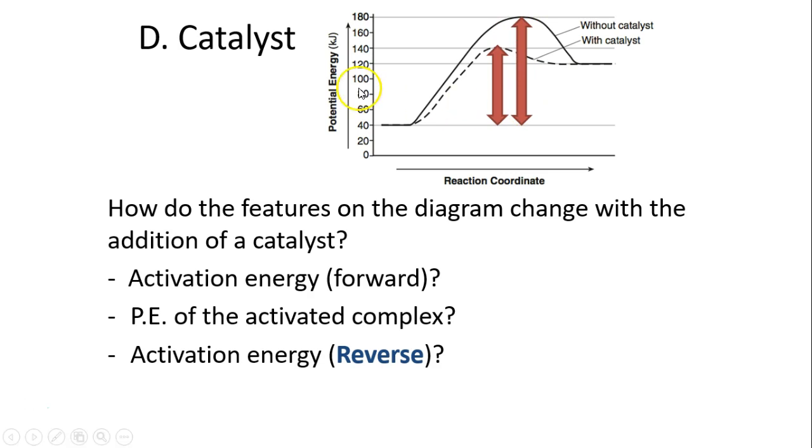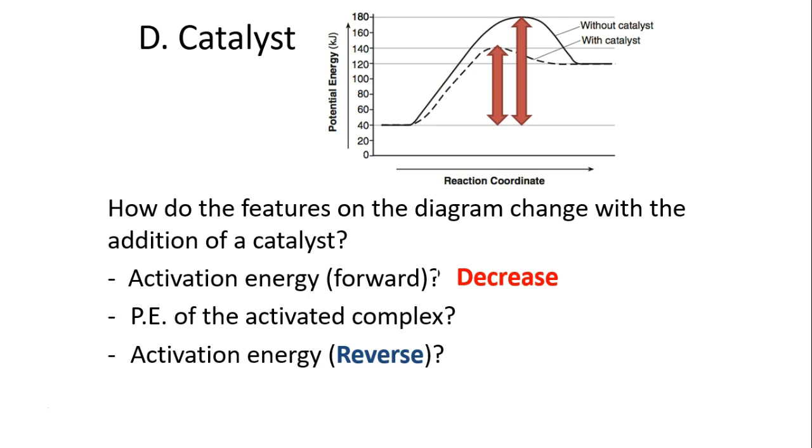And then in the catalyzed reaction, reactants are here, the activated complex is here, and so you can see that this requires more energy without the catalyst than with the catalyst. So what does it do? It lowers or decreases the amount of activation energy needed. And remember, anytime you can decrease the amount of activation energy needed, you can speed up that reaction.